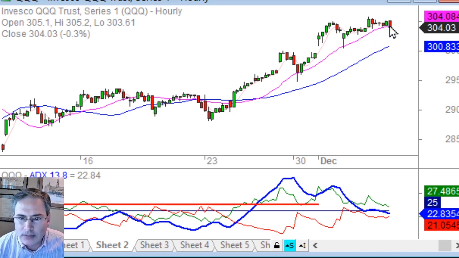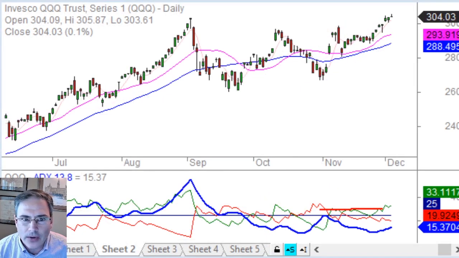If we saw some strength to the downside with some volume that created the red DI getting a little pop here, then I think I would be a little bit more concerned about what's taking place in the short term for the Qs. But right now, I could see this maybe pausing or consolidating, and the daily chart probably providing pretty good support there from the 18-day. So that's kind of where I am on that.